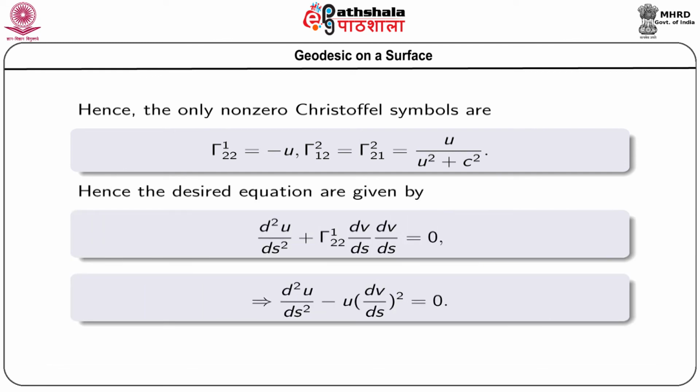Hence, the differential equations of geodesic on a helicoid are given by d²u/ds² plus Γ_22,1 (dv/ds)(dv/ds) equals 0. That means, d²u/ds² minus u (dv/ds)² equal to 0.